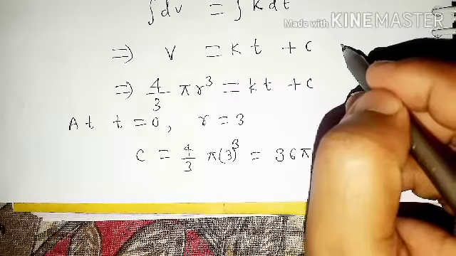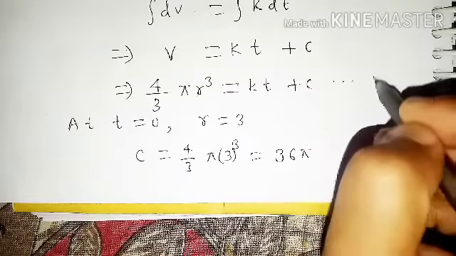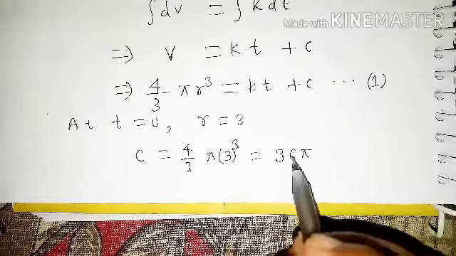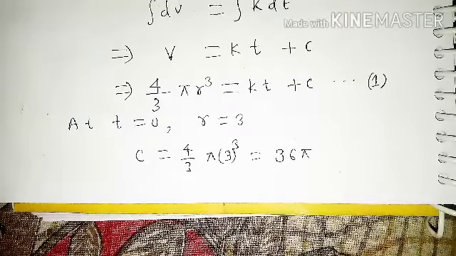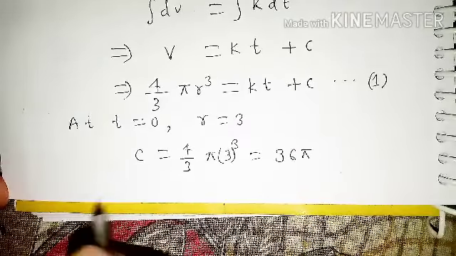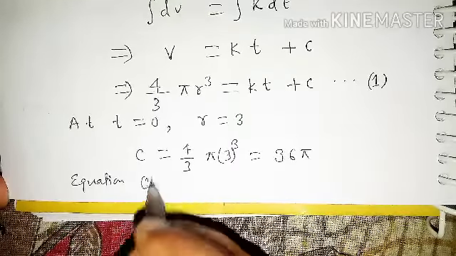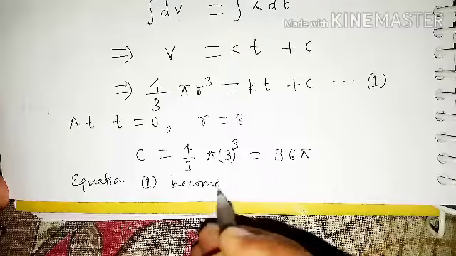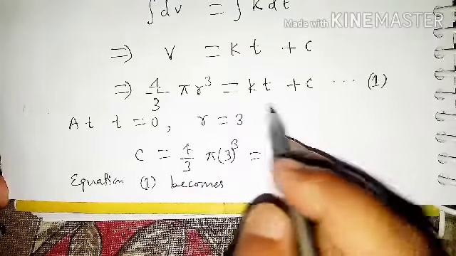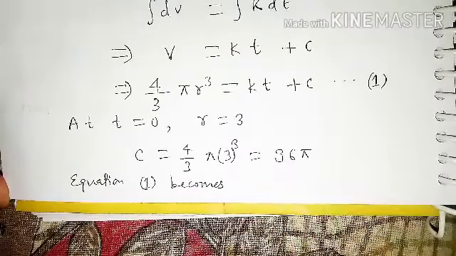This is equation 1. We put the value of c, so equation 1 becomes 4 by 3 pi r cube is equal to kt plus 36 pi.